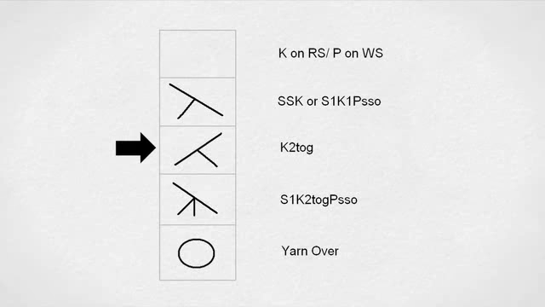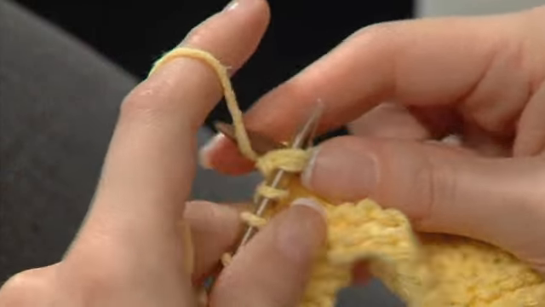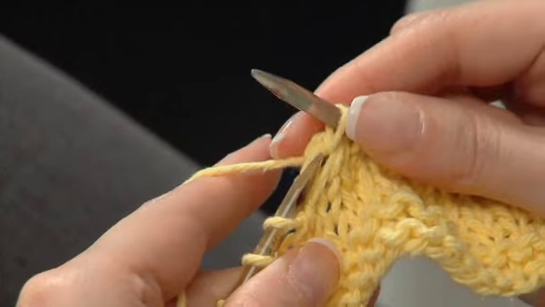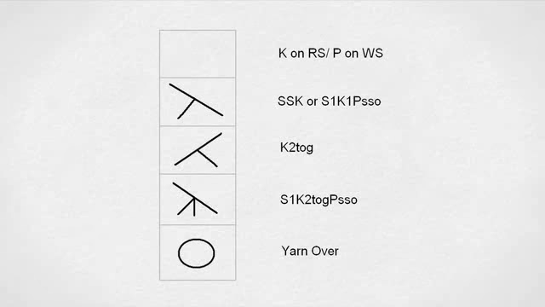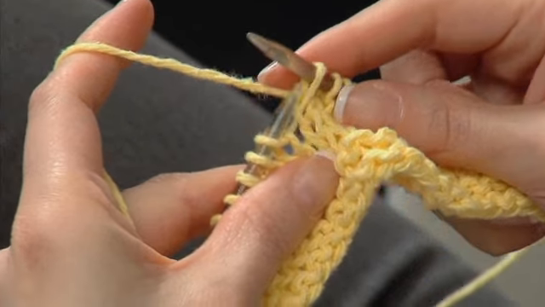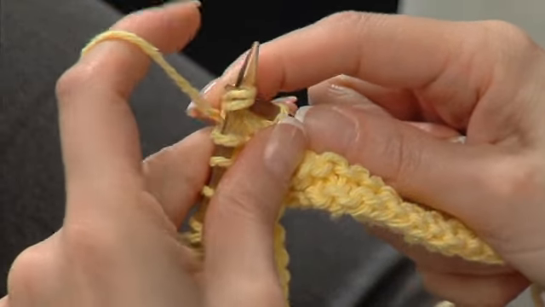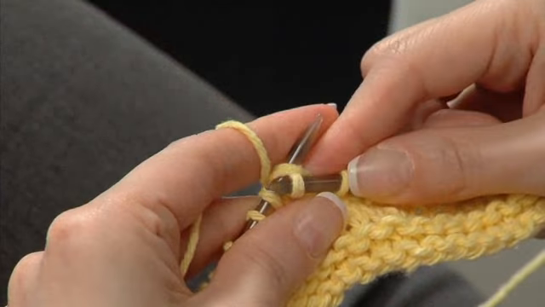A right slanting decrease is represented by this, which symbolizes a knit 2 together. Double decrease is represented by this, which symbolizes slip 1, knit 2 together, pass the slip stitch over.